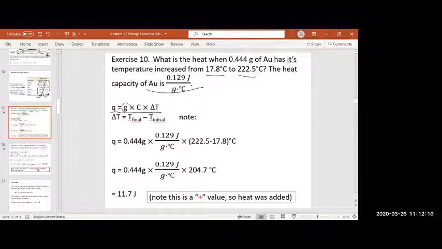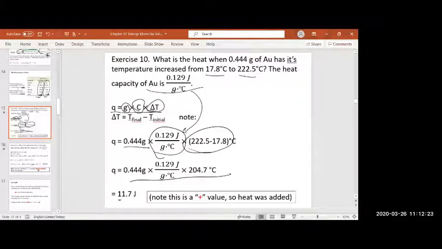Heat will equal the mass times the specific heat times the delta T. This is the mass of gold. This is the specific heat, and this is the change in the temperature. Do the math, and we will get here the amount of heat. Now, you have to know positive value, so the heat will be added to increase the temperature of the gold.